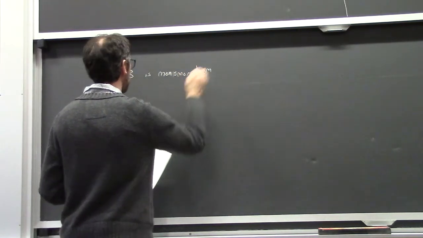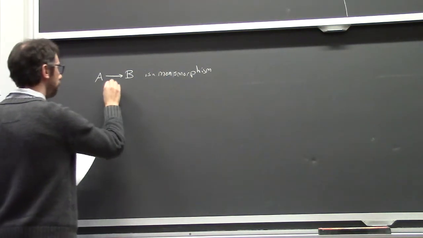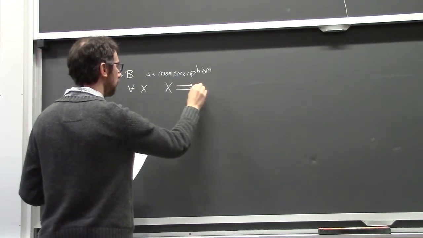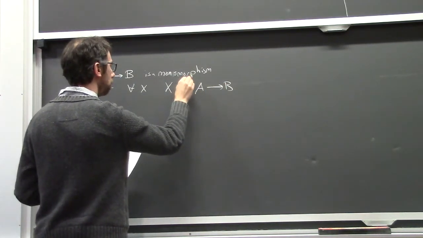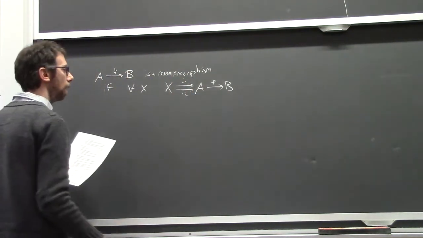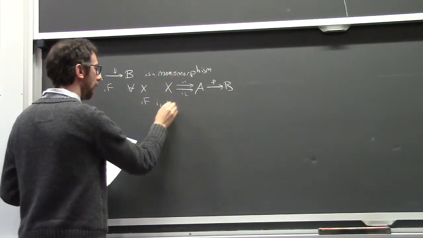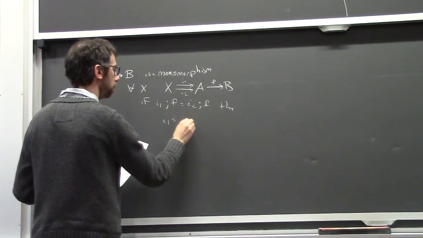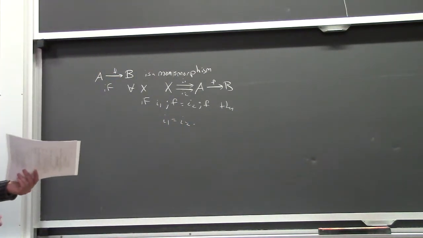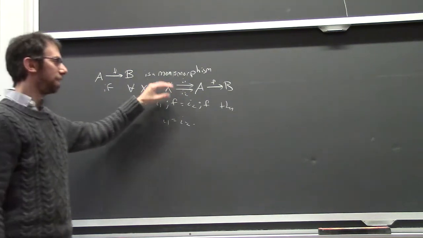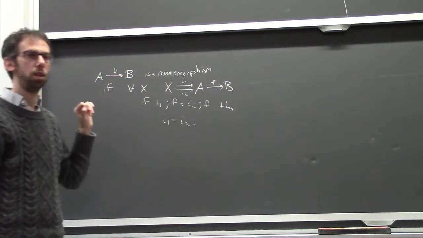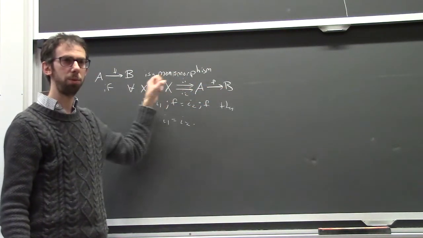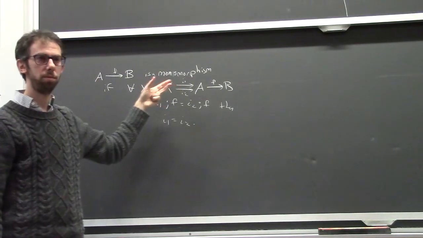It is a monomorphism if for all other objects X and pairs of maps into A, like i1 and i2, if i1 f equals i2 f, then i1 equals i2. And surjection, or epimorphism, epi meaning onto, is the same kind of thing on the other side. So if you can imagine two different maps into here, and this was a monomorphism, and those two maps composed to the same thing, then they are the same.